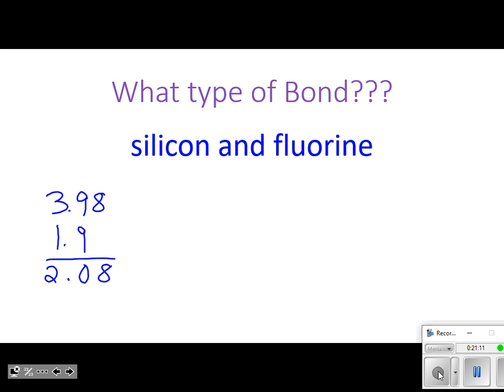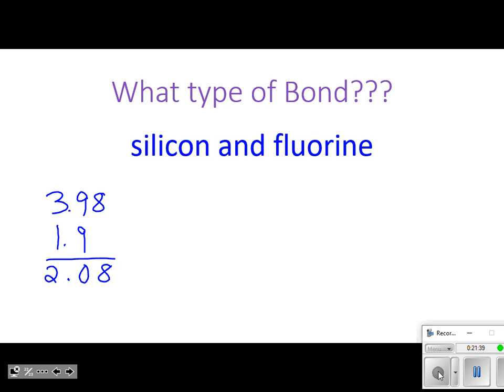So I ask myself, do I have a metal? Do I have a non-metal? And up, here we go. I've got a metalloid, don't I? Okay? Now, what I tend to do with these metalloids is I look at what 2.08 is. Okay?